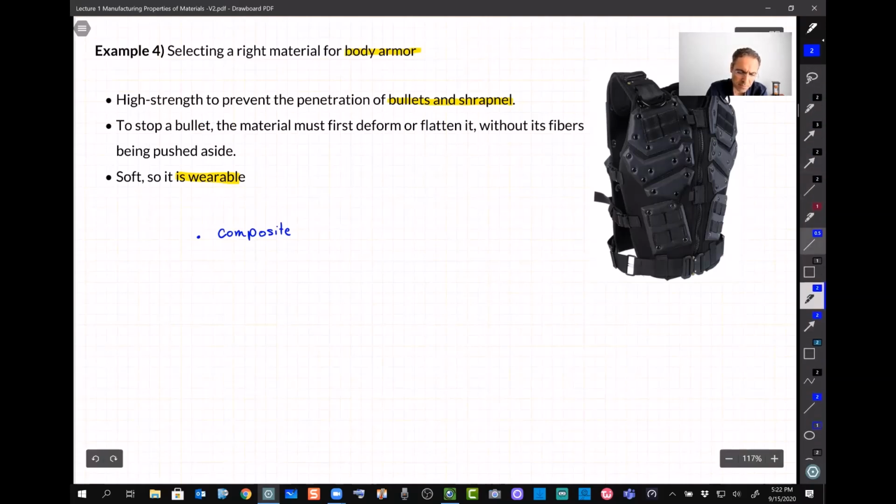Let's say if I look at a certain point of this cloth under a microscope, then I may see something like this. Let's say I'm just looking at one small element.